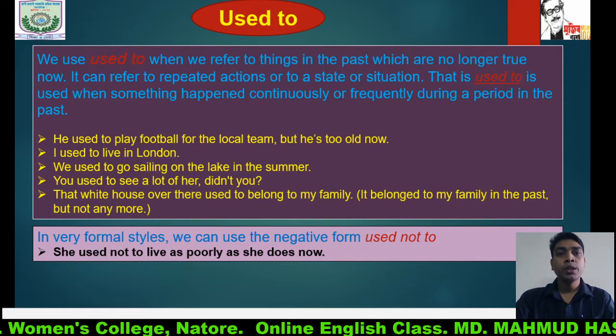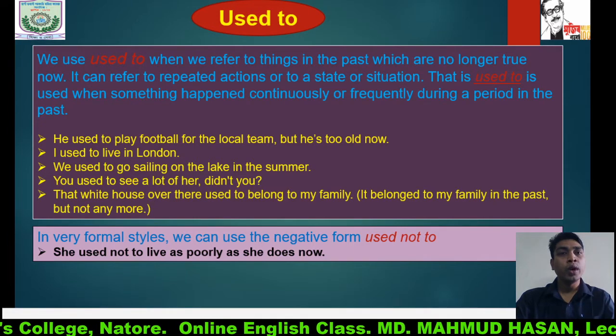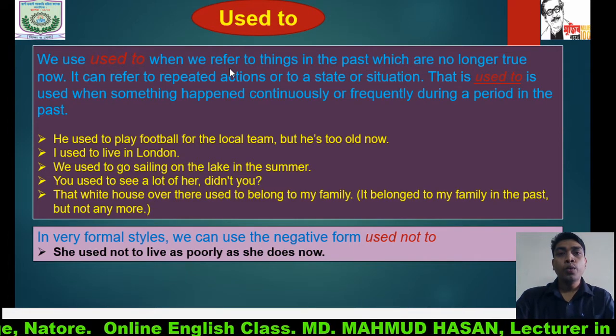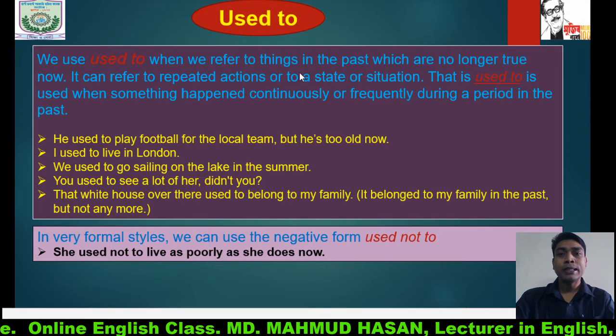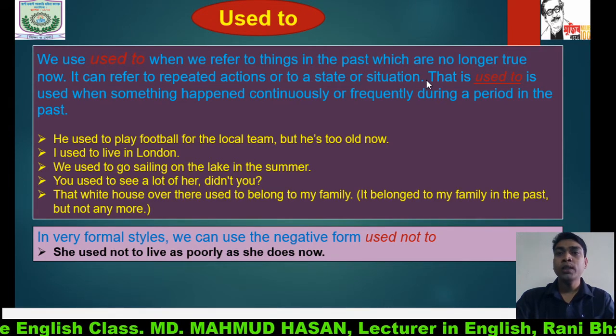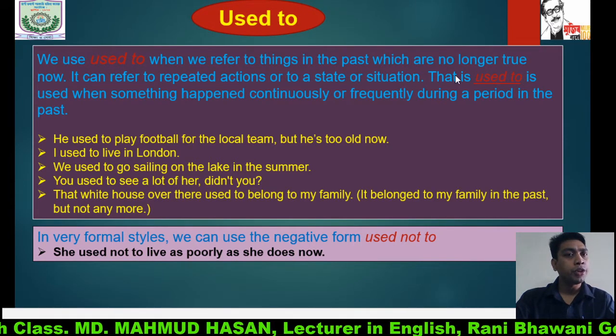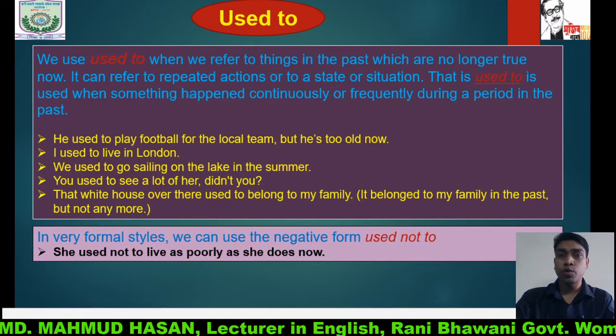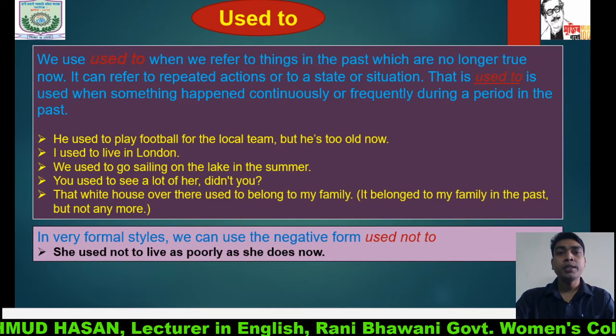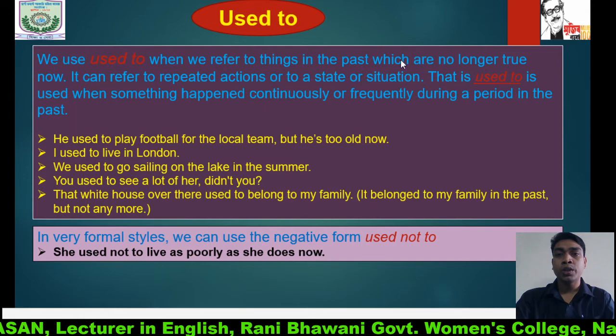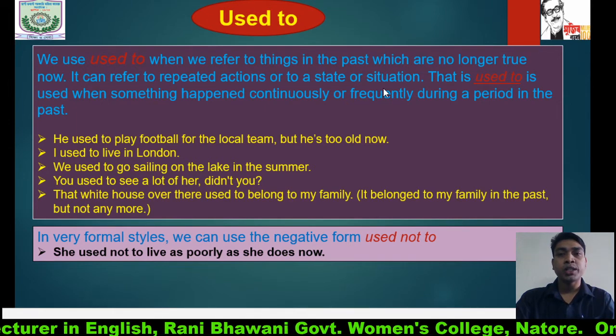Actually, we use used to when we refer to things in the past which are no longer true now. It can refer to repeated actions or to a state or situation.